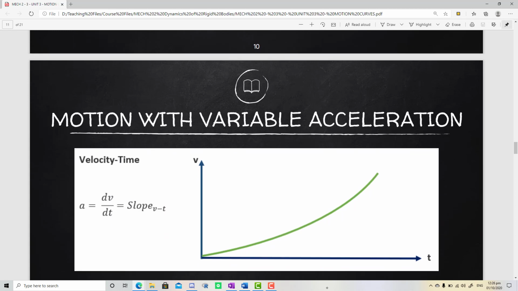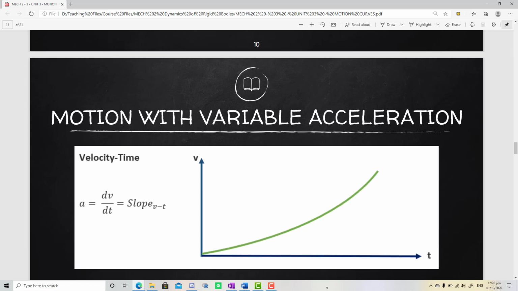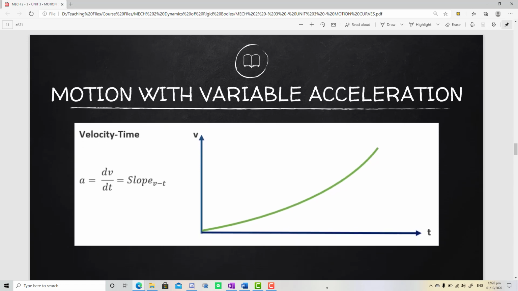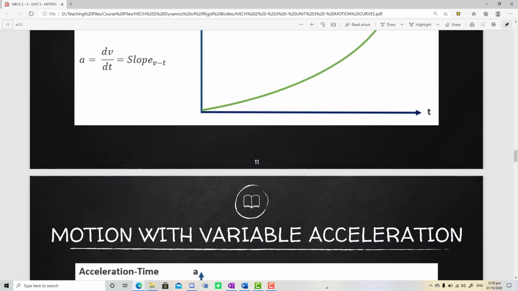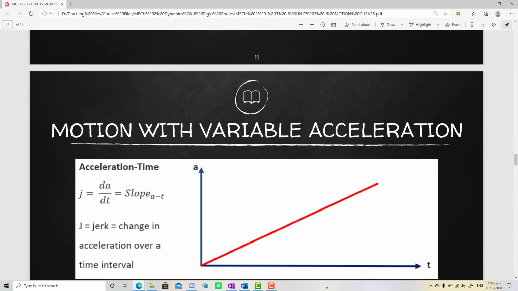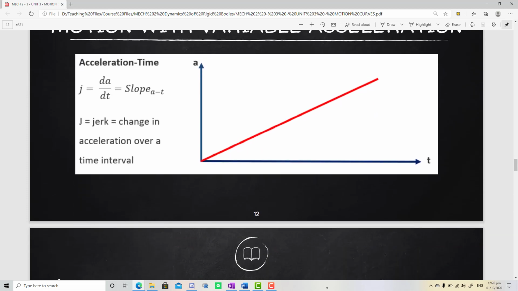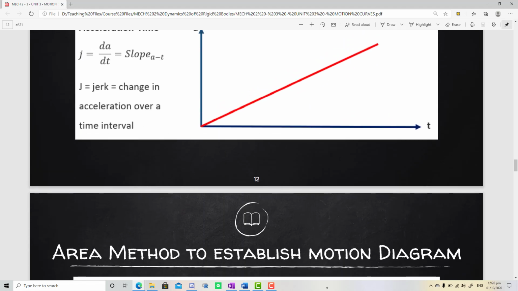So with differentiation, we are decreasing the degree or the curvature of our curve. If you differentiate this, you will arrive with motion with variable acceleration. Since the acceleration is variable, you will have a value for the jerk. Is it clear?